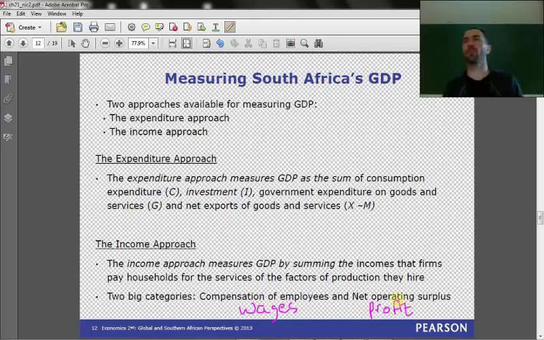Firm's profit will either stay as retained earnings, or it becomes dividends and goes back to households. At some point it will return back to households, either through profit distribution or through any other mechanism of returning retained earnings. And then wages. The textbook does give you a little bit more of a breakdown. Oh, actually, I've got a slide for it, so don't worry.